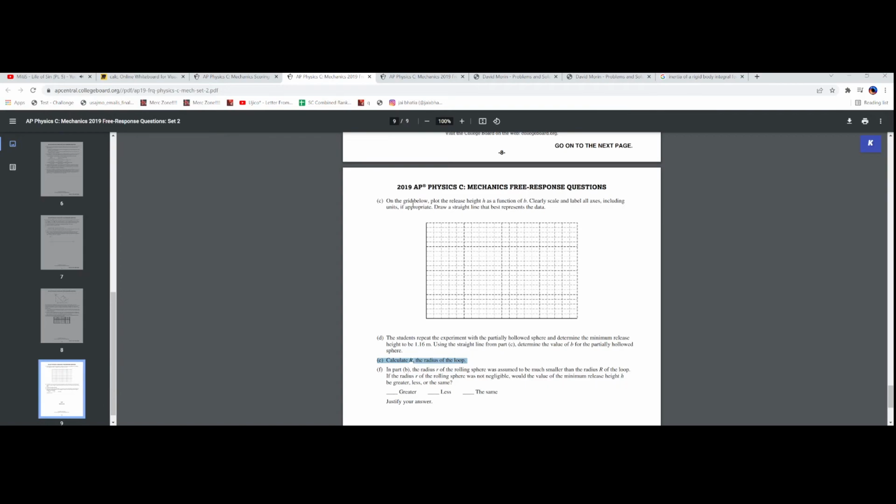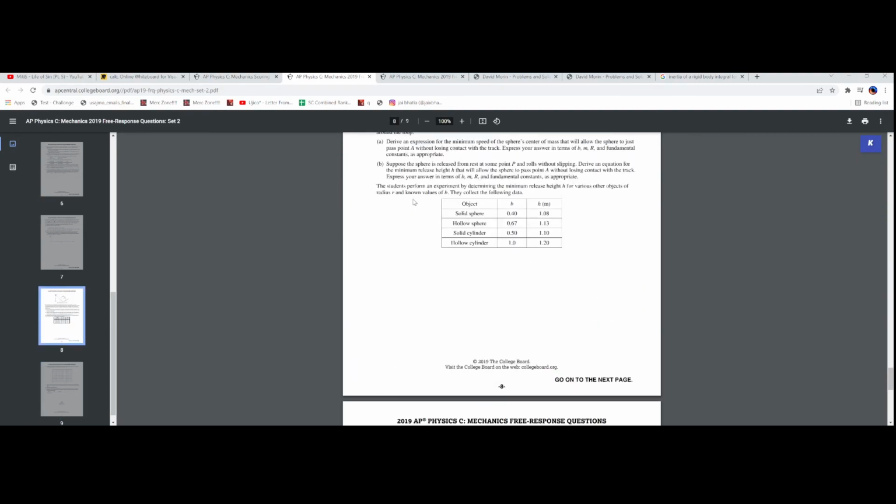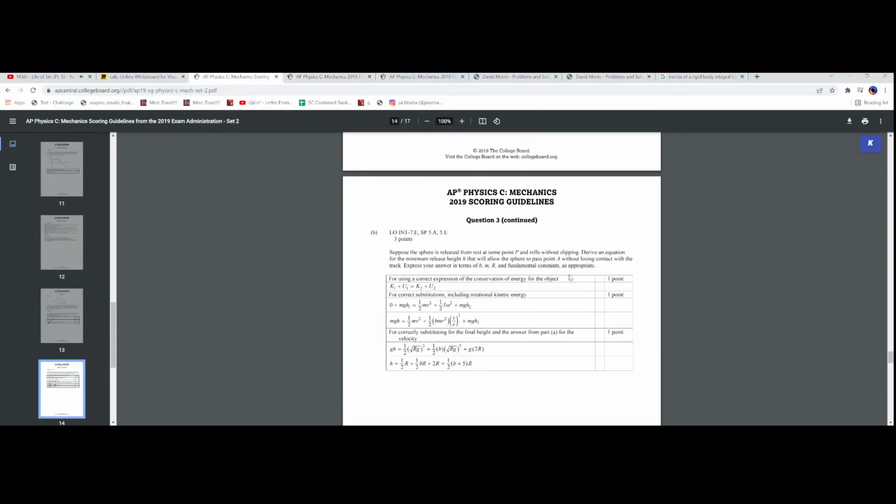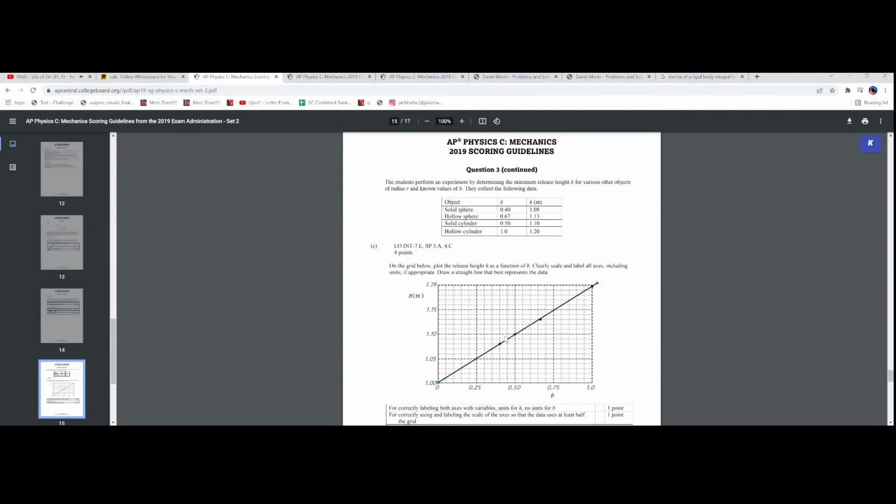Plot the release height h as a function of b. Okay, so you just do that, and then I think you just plug it into conservation of energy, and then you just use v is equal to omega r, and that's like the whole thing.